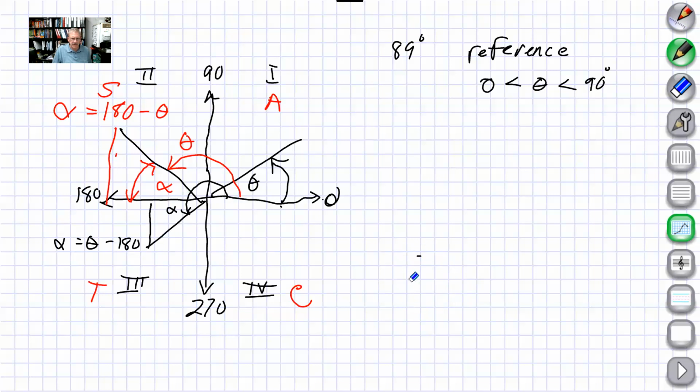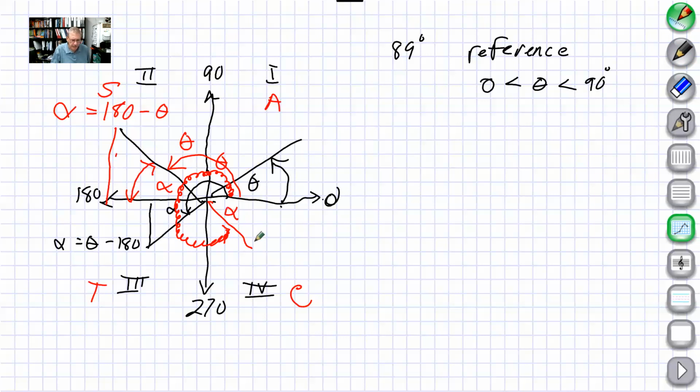Finally, if we're in the last one, over here, we want to find that. Let's see, I draw it like this. Again, that's an awfully big angle. That's our theta. What's our alpha?